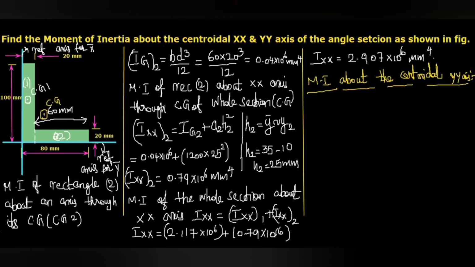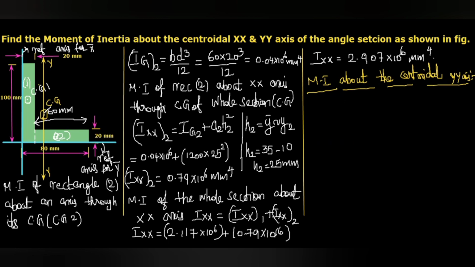Then moment of inertia with respect to the axis YY passes through the center of gravity of the whole section. Here you can see this is center of gravity. So this will be the YY axis passes through the center of gravity of the whole section. Okay, this is YY axis passes through the center of gravity of the whole section. Here, we are going to calculate moment of inertia of the whole section with respect to the y axis passes through the centroid. That's called centroidal y axis.